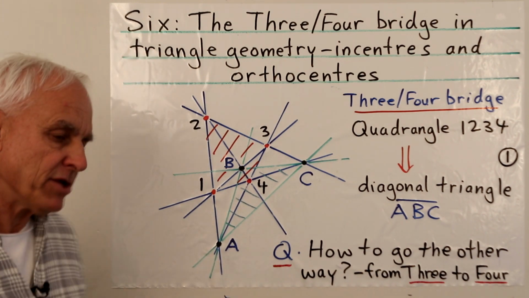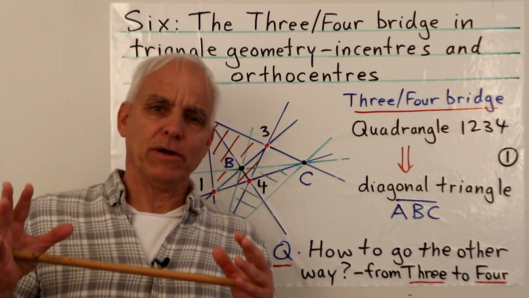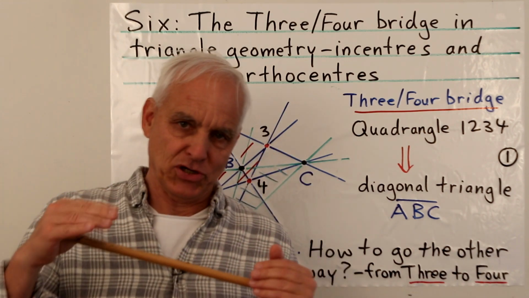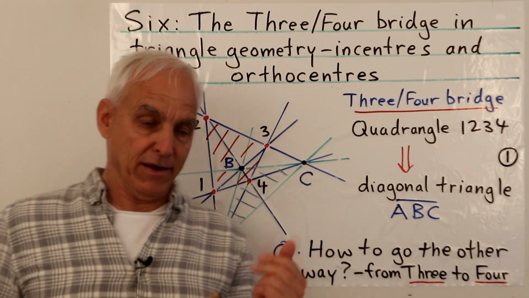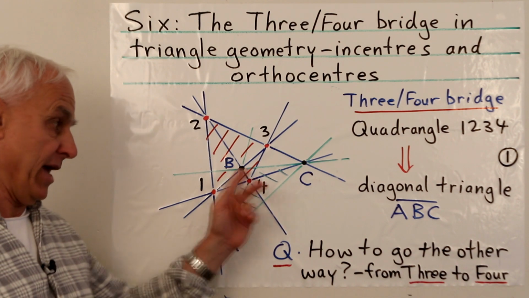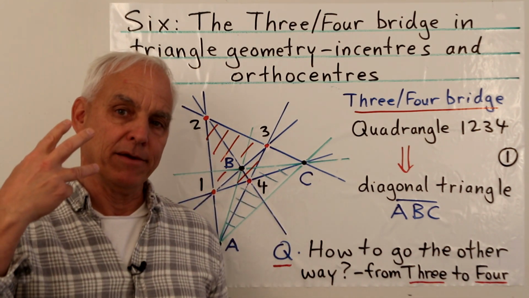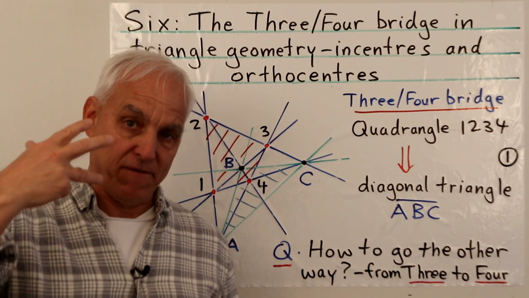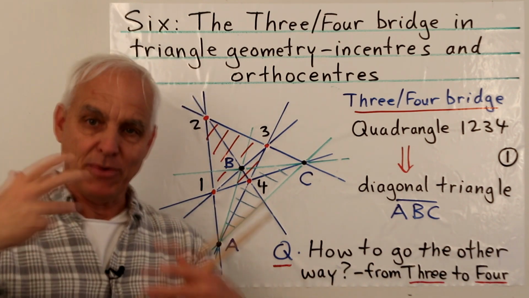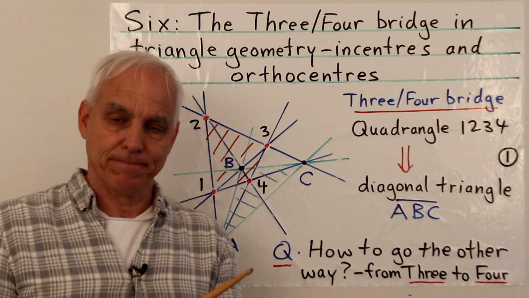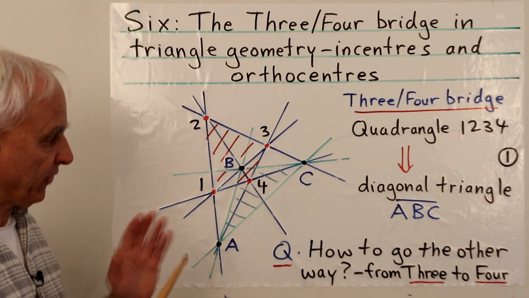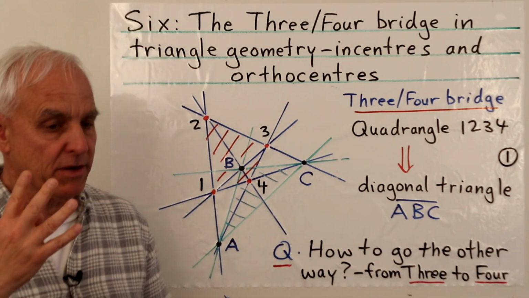Now, the question that we want to address today is, how do we go in the other direction on this bridge? If we start with 3 things, like the triangle ABC in the plane, how can we go back to a quadrilateral or quadrangle of 4 points so that we still have this relationship? Now, there's a bit of an asymmetry here because 4 is bigger than 3.